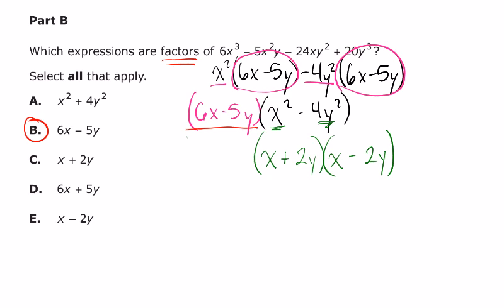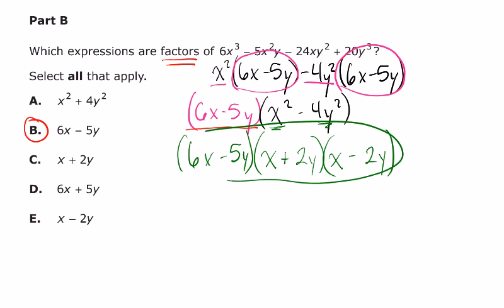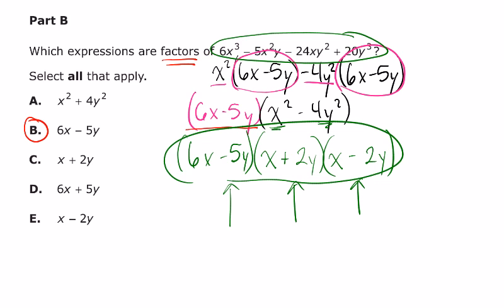So technically, if we wanted to put the whole thing together, this whole thing here equals this whole thing here. Okay. All right, and these are all the three factors. And we can see x plus 2y is there and x minus 2y is there. So we can see all of our answers there.